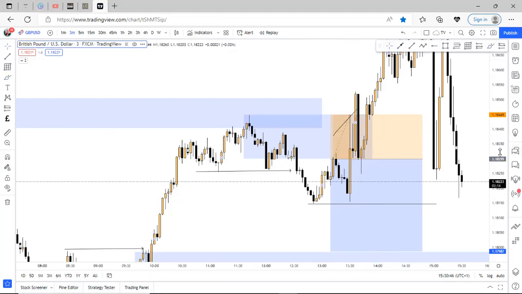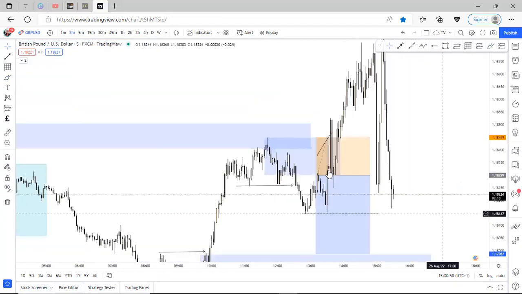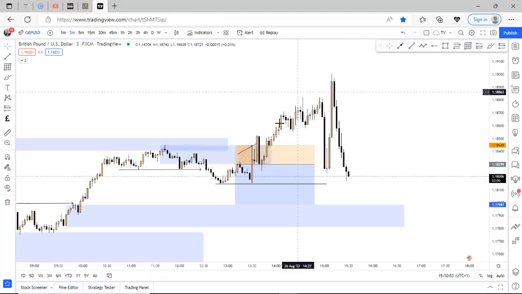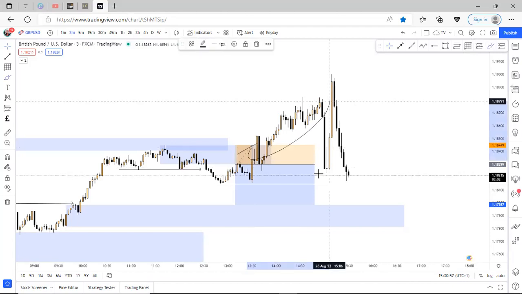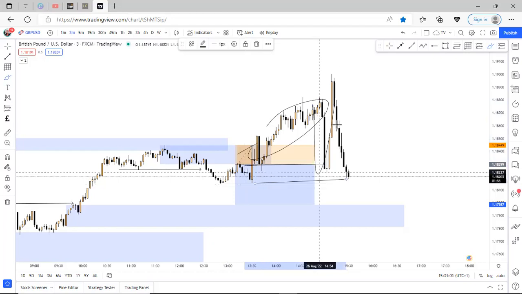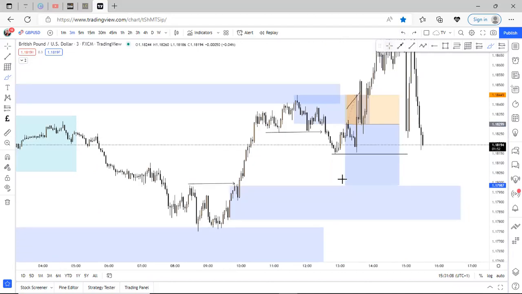So the same thing on Euro USD. As you can see presently now, price wicked above and you can see price action has not been good because of news. Price moved up, came down, used this as demand zone, moved up again, and now it's coming down. As you can see, my projection was actually right.